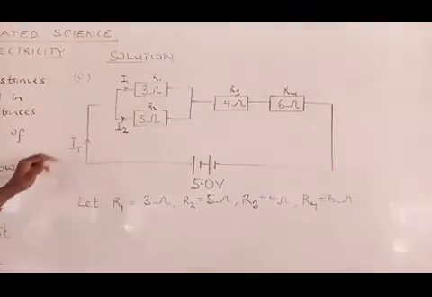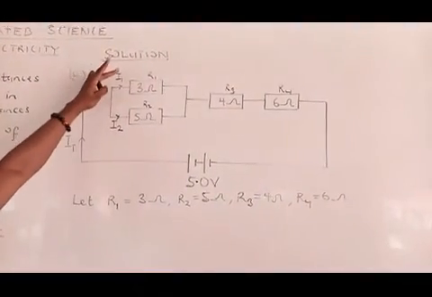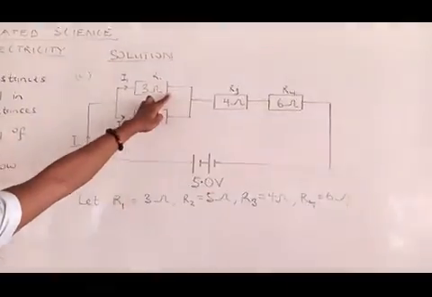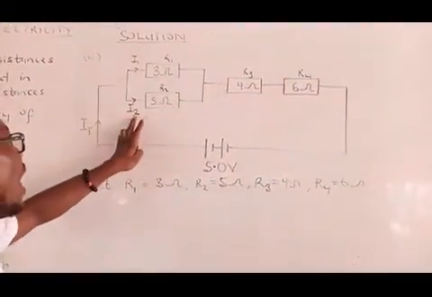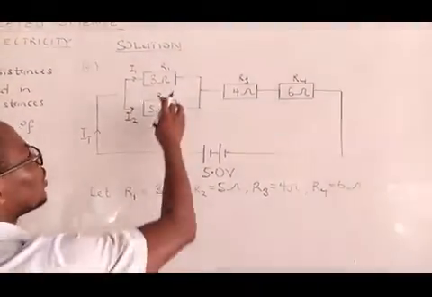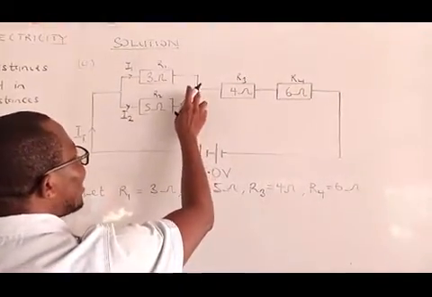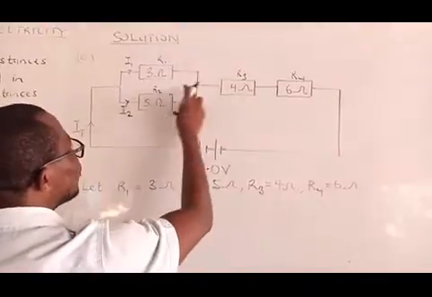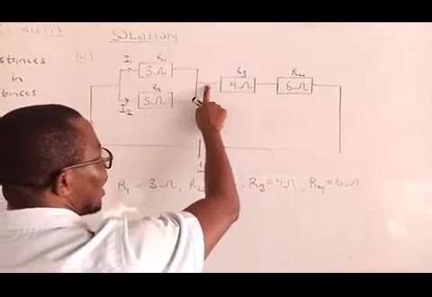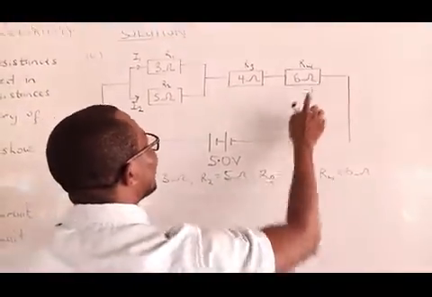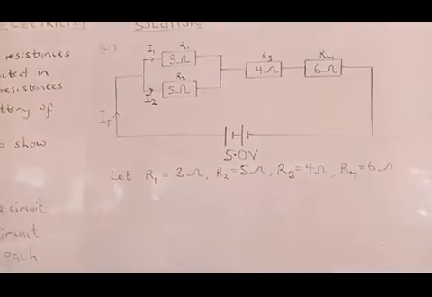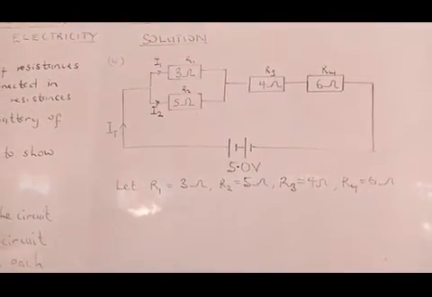So when the total current gets to this point, it's split into I1, I2. I1 passes through R1, I2 passes through R2. The I1 comes here, the I2 comes, they combine. And as they combine, they form the total current. And the total current will pass through R3 and then pass through R4.